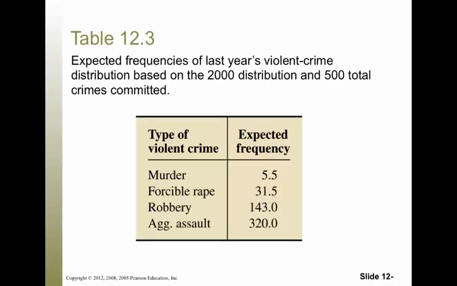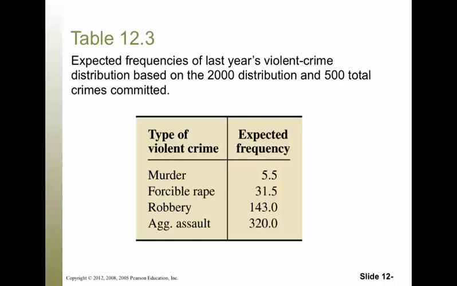Here's a table of expected frequencies of last year's violent crime distribution based on the 2000 distribution and 500 total crimes committed. They looked at the distribution of these violent crimes in 2000, and then said, if in another year there were a total of 500 crimes, what would we expect based on 2000?